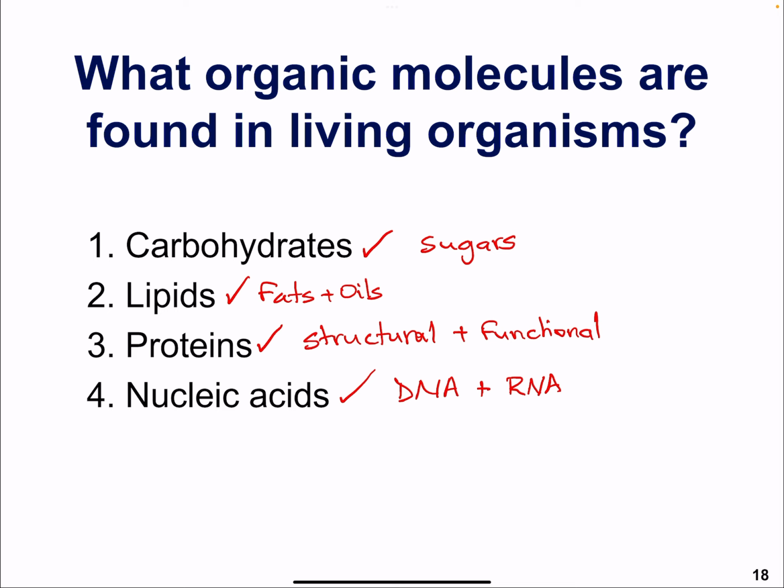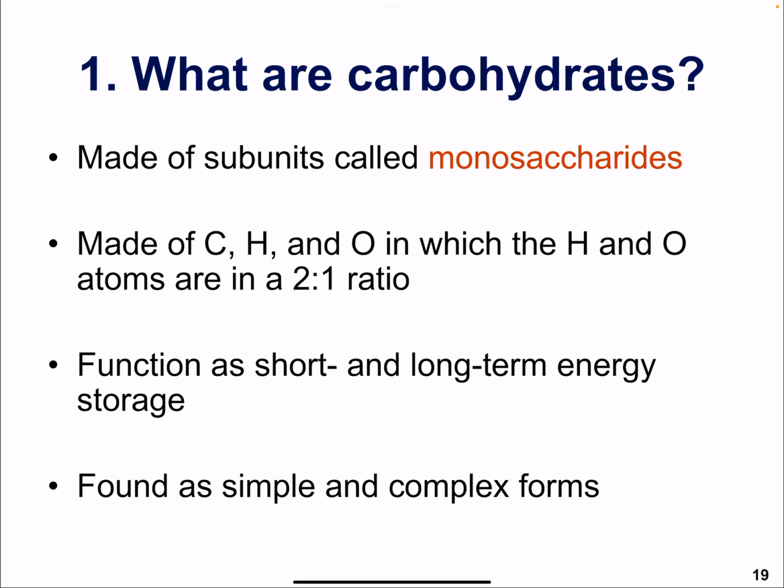At this point, we are going to dive into each of the categories of molecules. What is their structure? What are they for in our body? So the first step is going to be the carbohydrates. Remember, carbohydrates are also known as sugars, right?